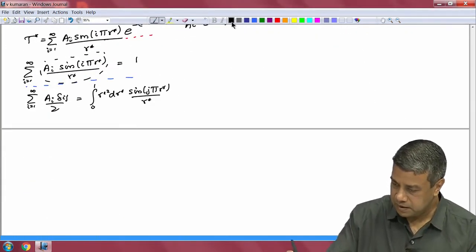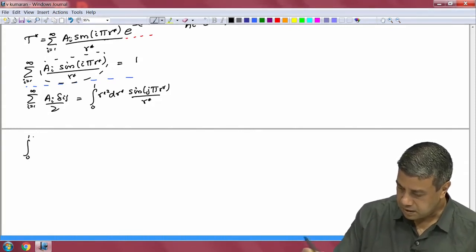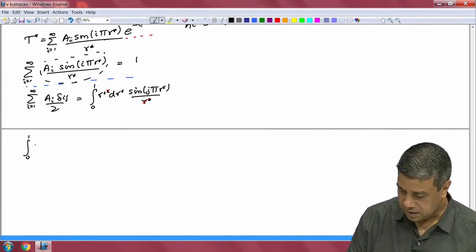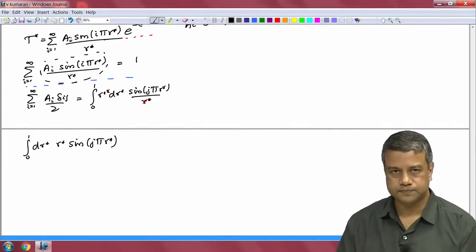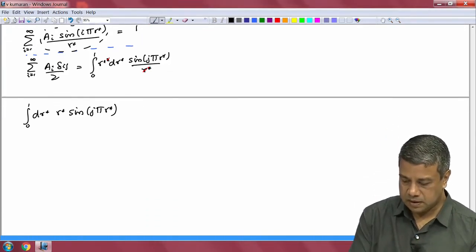Okay. So, let us solve this right side first. So, this is integral 0 to 1, this R square will cancel out with this 1 over R, and I will get dr times R sine of j pi R. You can do it by integration by parts.